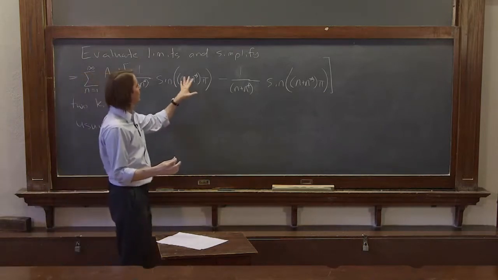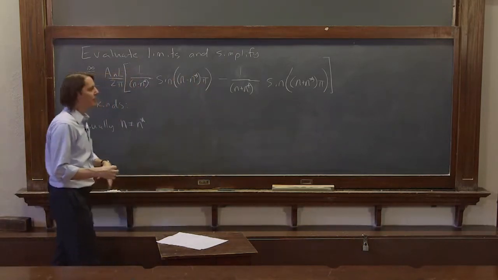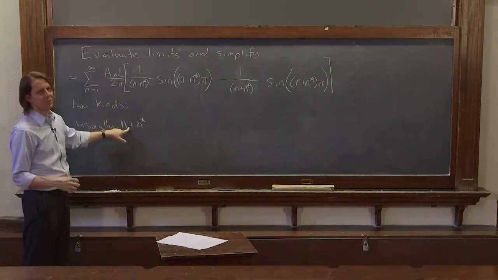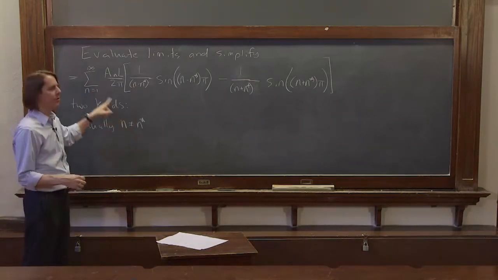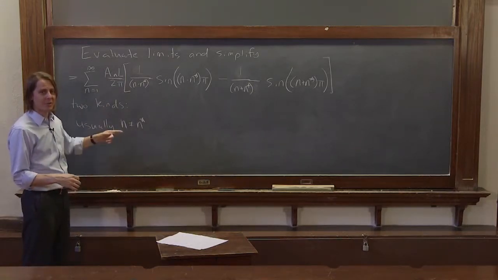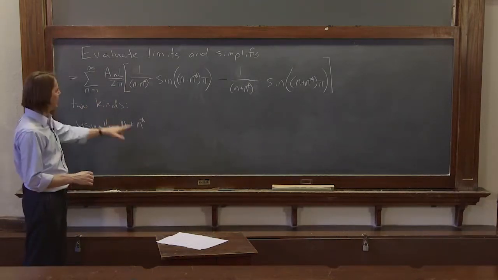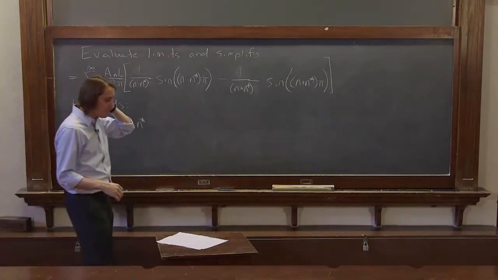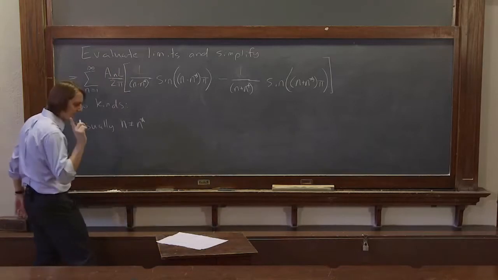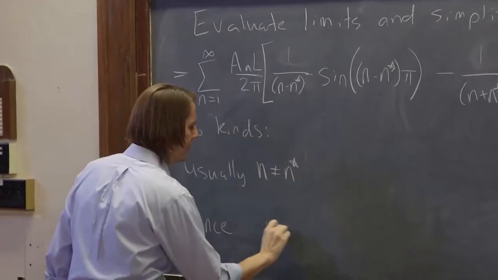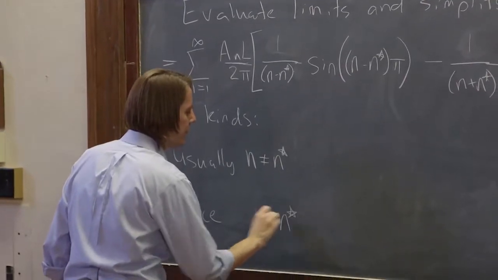So if we say we're doing this for the fifth harmonic, n star equals 5, then when n equals 1, n does not equal n star. When n equals 2, it does not equal n star. 3 does not, 4 does not. For 5 it does, but then for 6, 7, 8, 9, 10, a million, n does not equal n star. Right? So for all the terms except one, this is true. And then for once, for one term, n does equal n star.